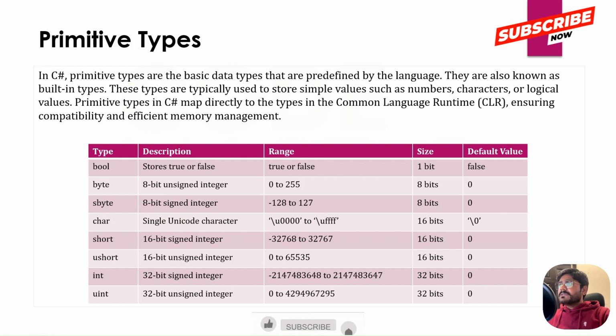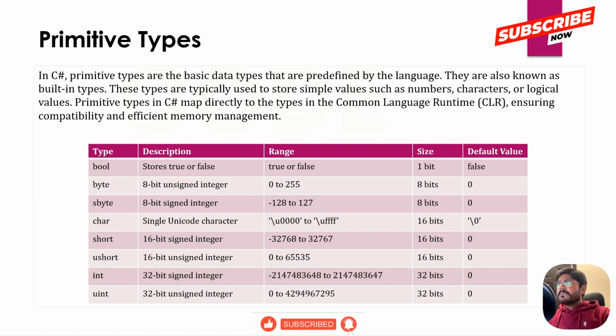I have prepared this table for you, where you can see the type, the description, the range of that particular data type, and the size, how much size it is going to consume whenever you use this particular type. What is the default value? If you have not assigned any value to this data type, what would be the default value for this? All these are called primitive types.